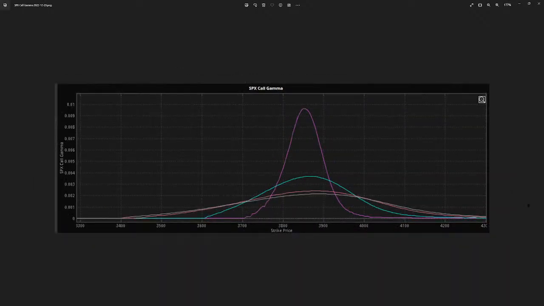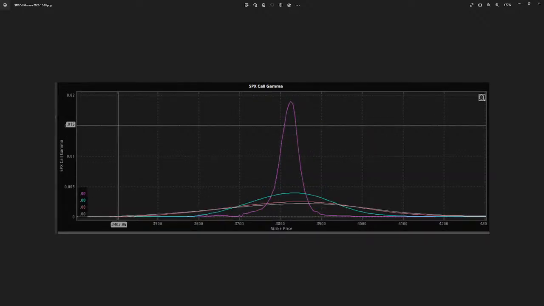There's the 29th. So the peak is increasing while it's becoming more narrow, so the influence of this strike is decreasing further away from the 38.35 level. And then finally for today, notice how narrow it is.